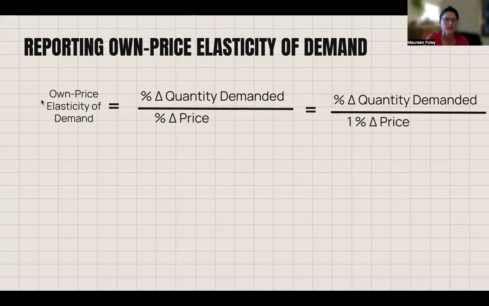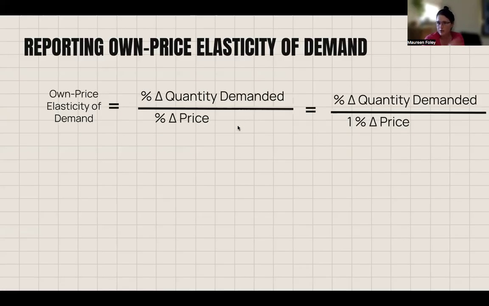Okay, so this is our formula for the own price elasticity of demand. It's the percent change, remember this triangle symbol is a delta, it means change or difference, in the quantity demanded divided by the percent change in price.